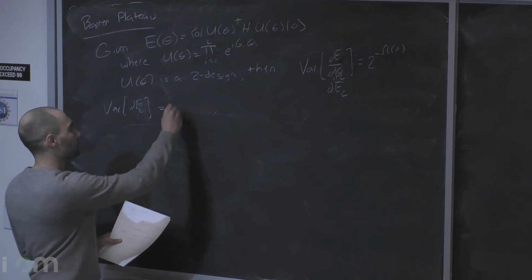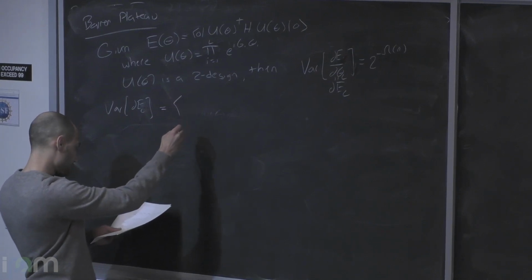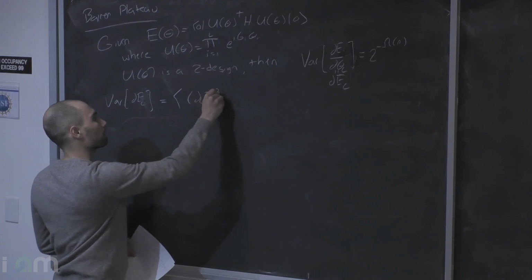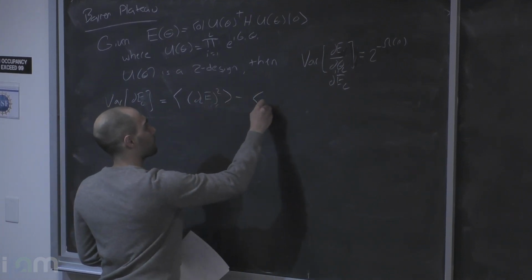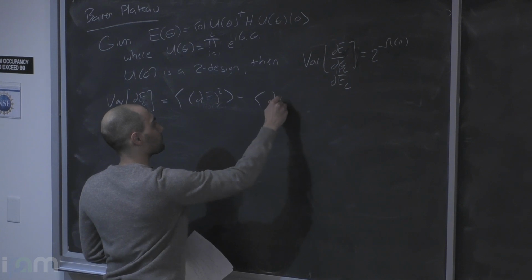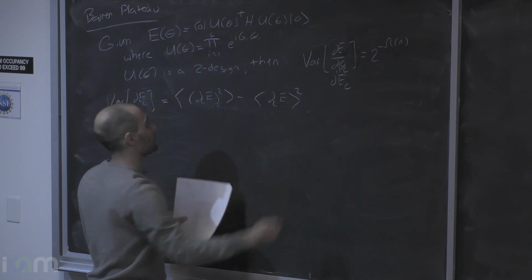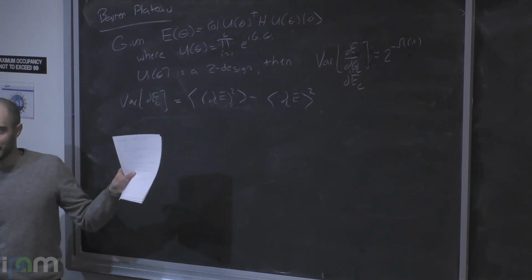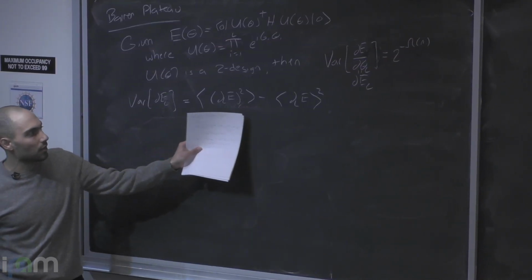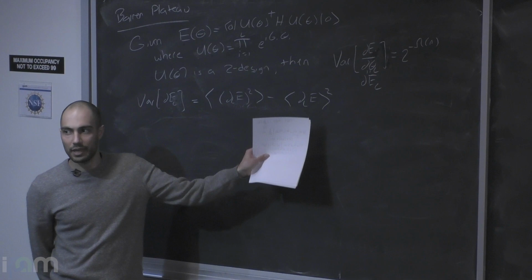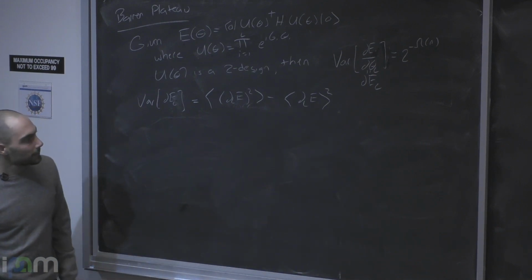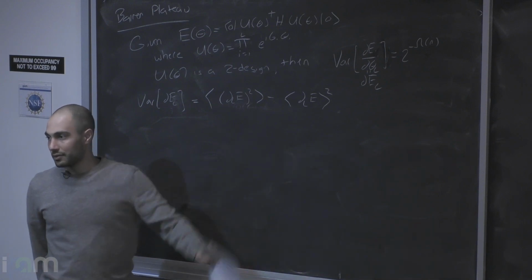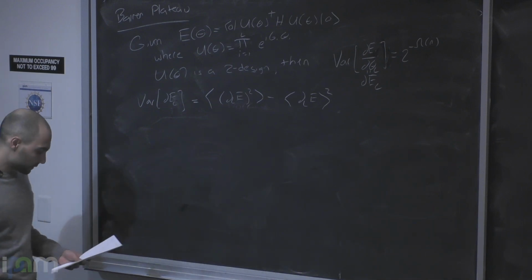It's equal to the average. This quantity here is like an average, and I don't want to keep writing expectations. So the average of the square of the quantity minus the square of the average. Let's calculate each of these two quantities using the formulas over there.